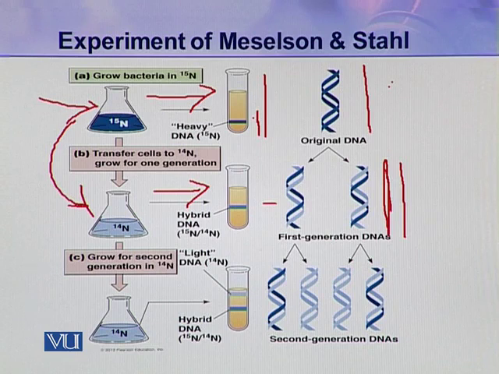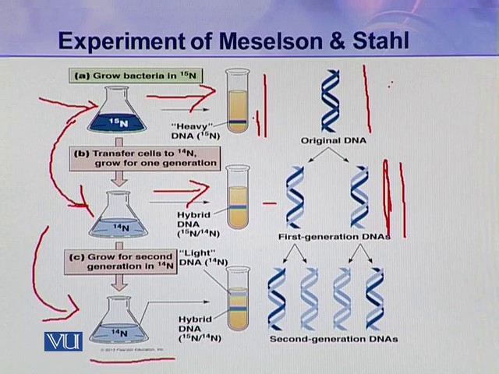In the third experiment, they kept on growing the cells in the same medium which contained N14, that is, normal nitrogen. They grew the bacteria for another generation, so that this DNA could go through another cycle of replication.